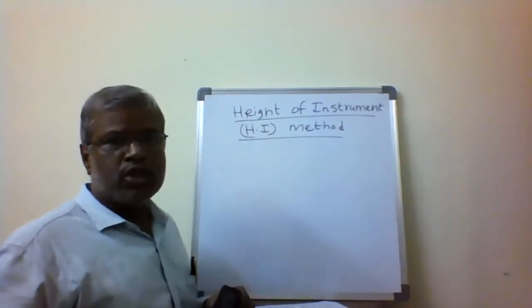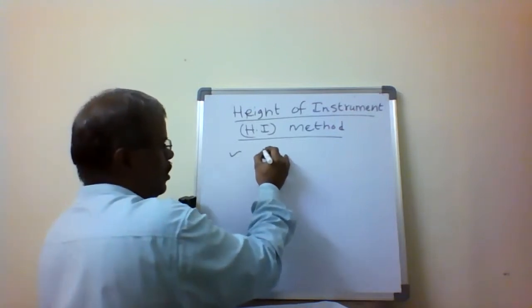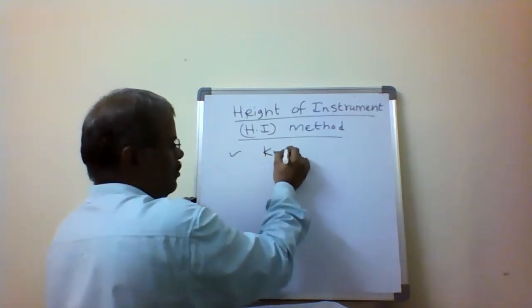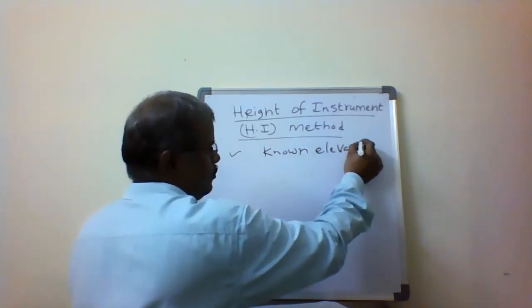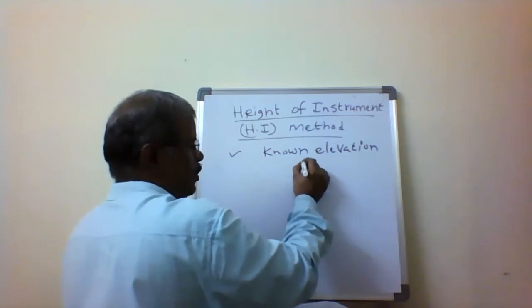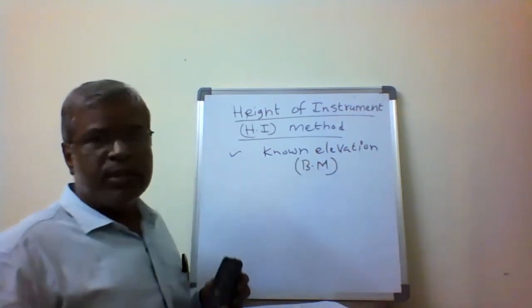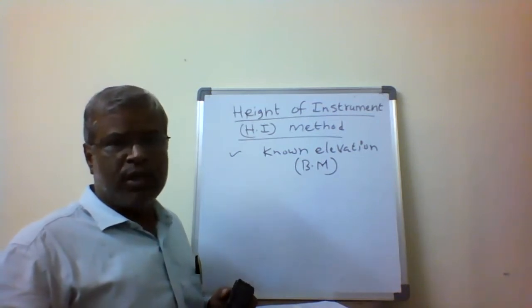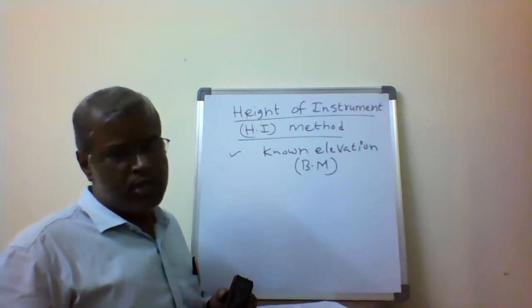In the height of instrument method, the first step is the known elevation, which is the benchmark. The calculation of the reduced levels starts from the known elevation, called the benchmark.